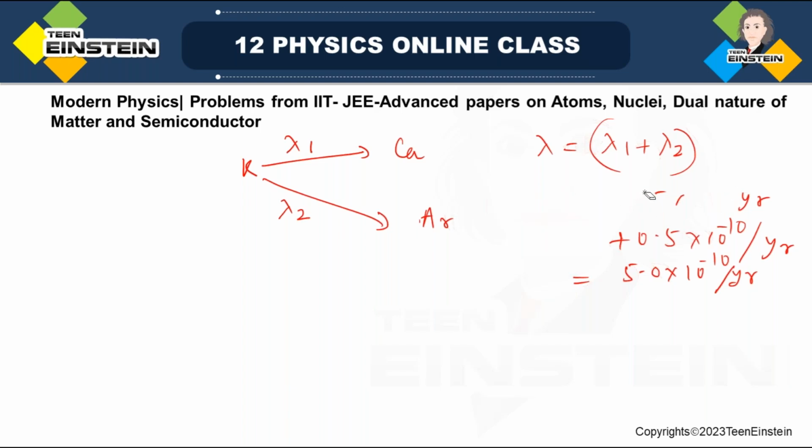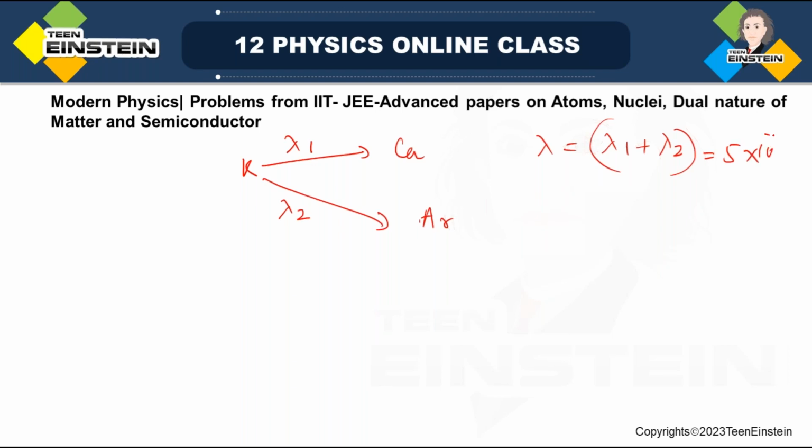So the sum of the decay constants is 5 into 10 to the power minus 10 per year. Okay, now we know the general formula. After some time t, how many radioactive nuclei will be remaining in the sample?